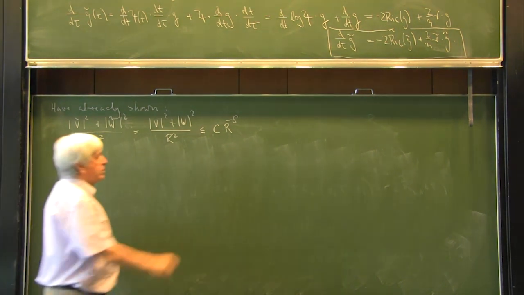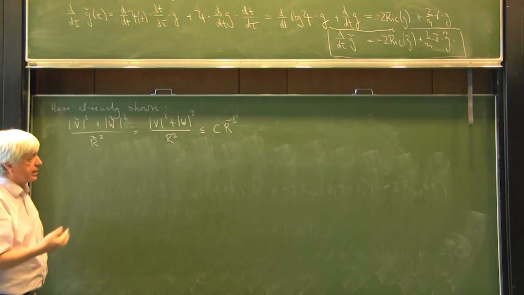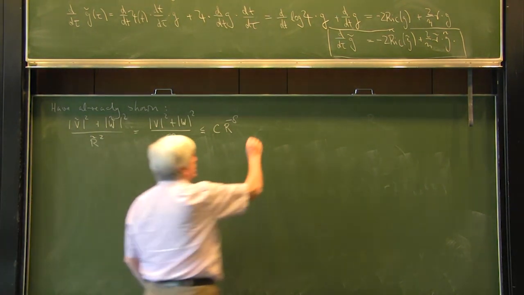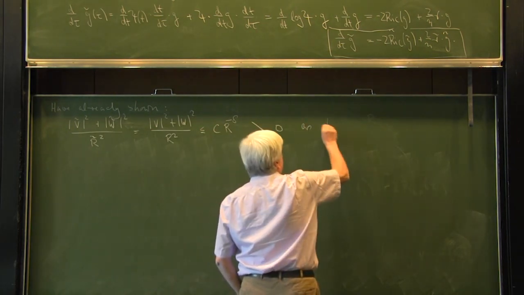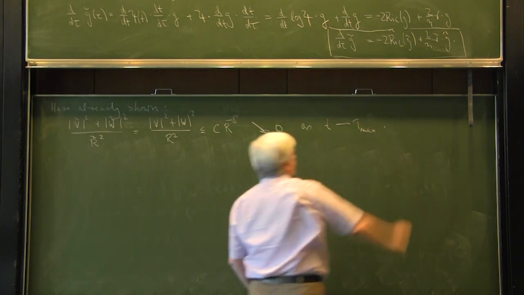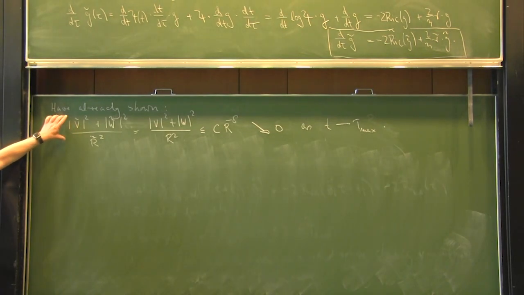And we already know that r tends to infinity and the minimum tends to infinity as well. So this thing here converges to 0 as t tends to T max. Right, so we immediately know that this quotient will tend to 0 on the rescaled metric g tilde.